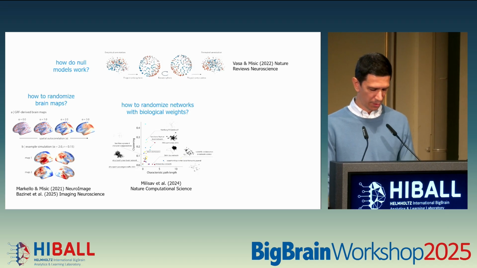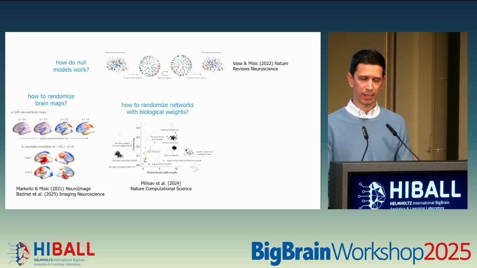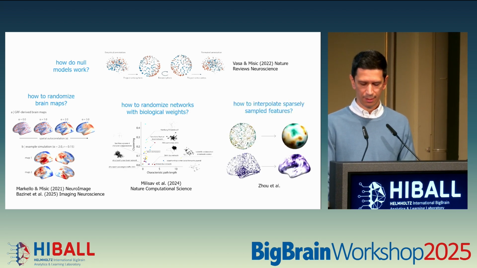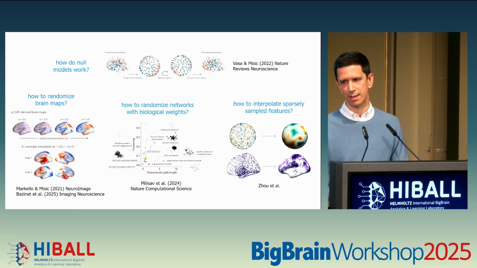This is something that I'm really proud of. We recently came up with a method that allows you to randomize networks that actually have biological weights on them. As far as I know, it's the only method that we have in the field, and it works pretty much perfectly. And then the last thing is we are actively looking at what are the best methods to perform spatial interpolation when you have sparsely sampled data.